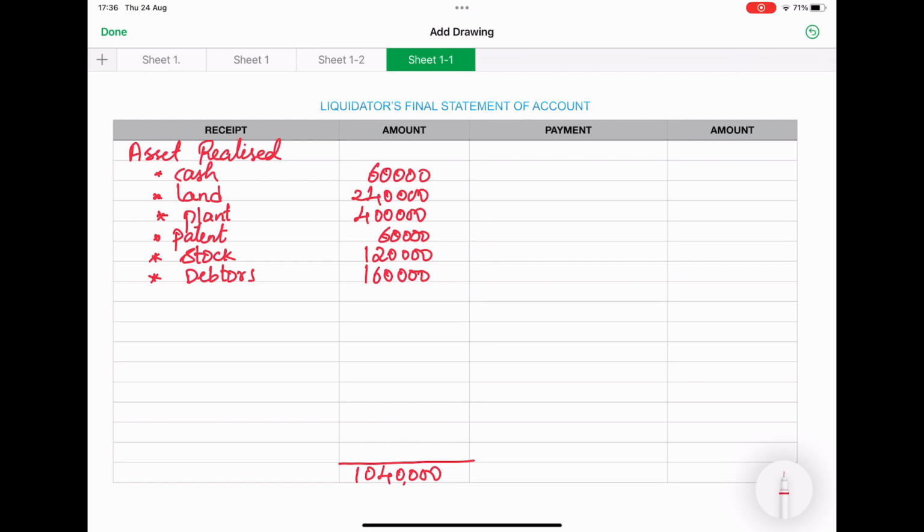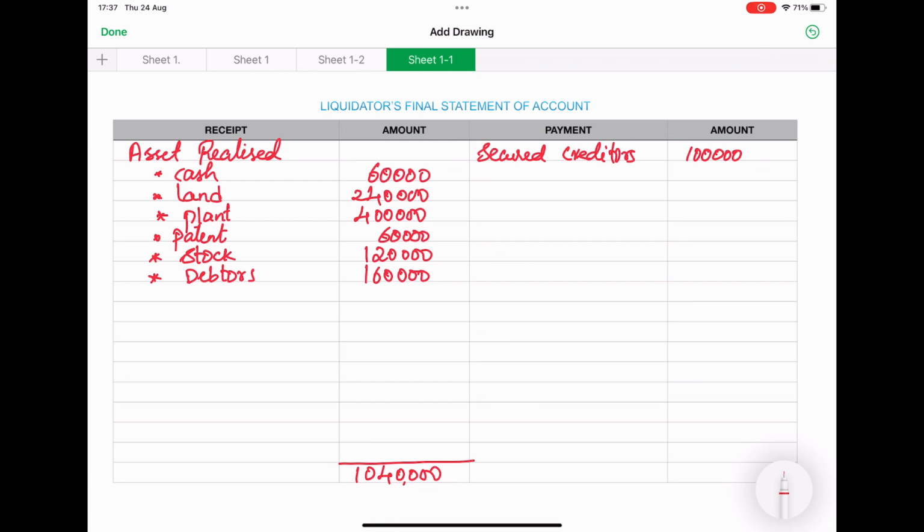As usual, it should be written in an orderly manner, so we are going to start with secured creditors. How much have we valued? In the additional information they have mentioned 1 lakh. So the loan was taken for 1 lakh. You have to look into the statement, students.